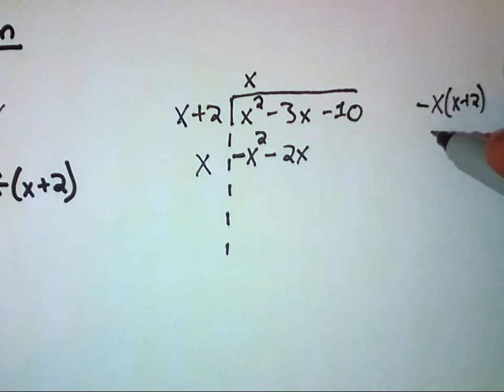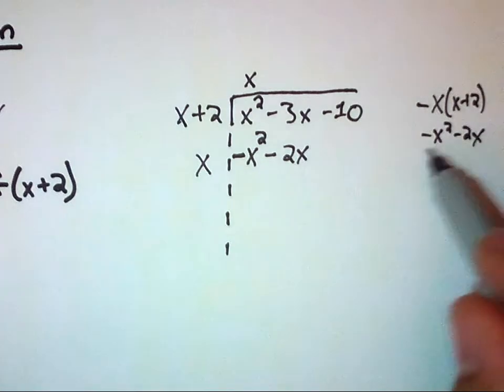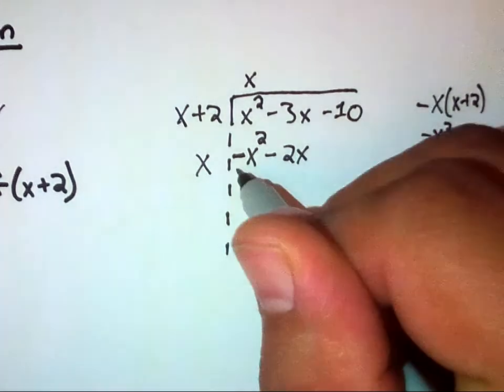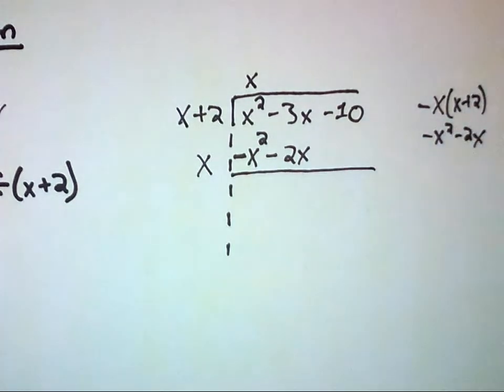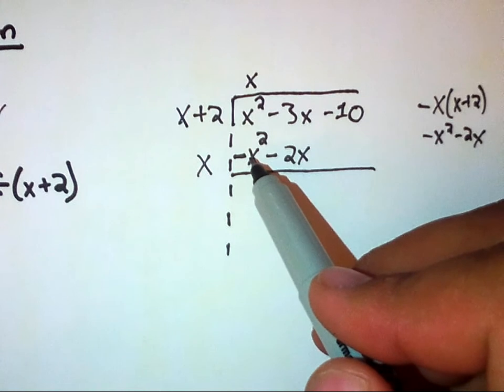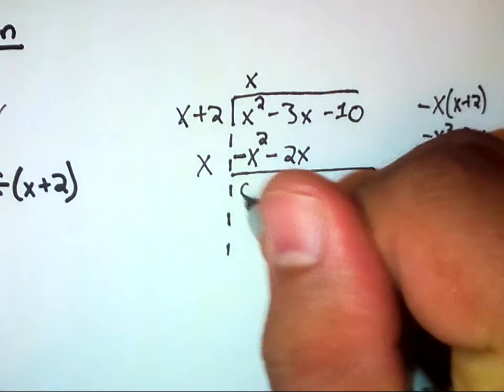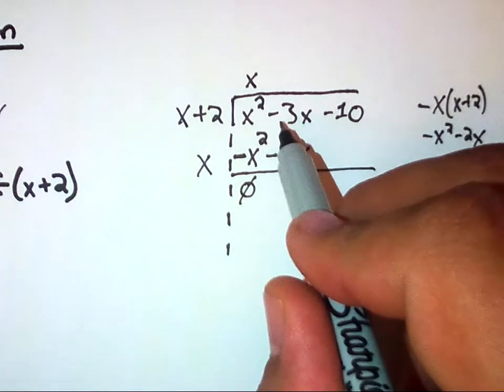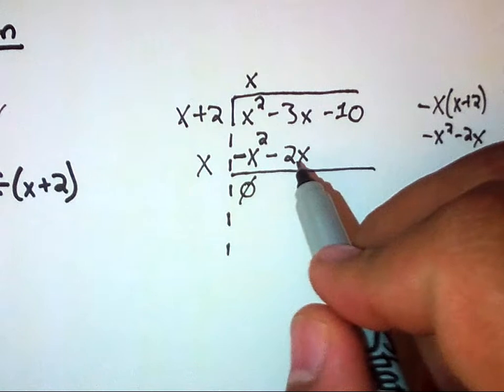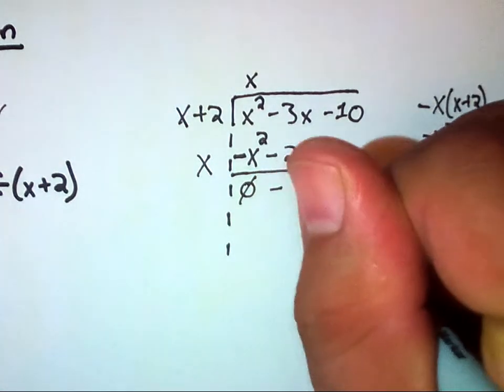So when you distribute it, it becomes negative x squared minus 2x. That's where this comes from. So now what you have to do is clean it up. Well, x squared minus x squared goes away. That was easy. And then negative 3x take away 2 more x would be minus 5x.